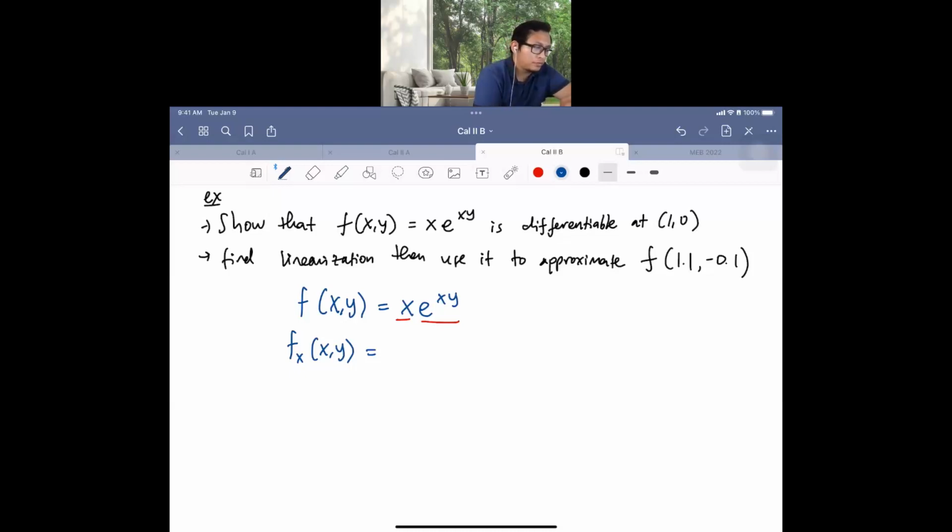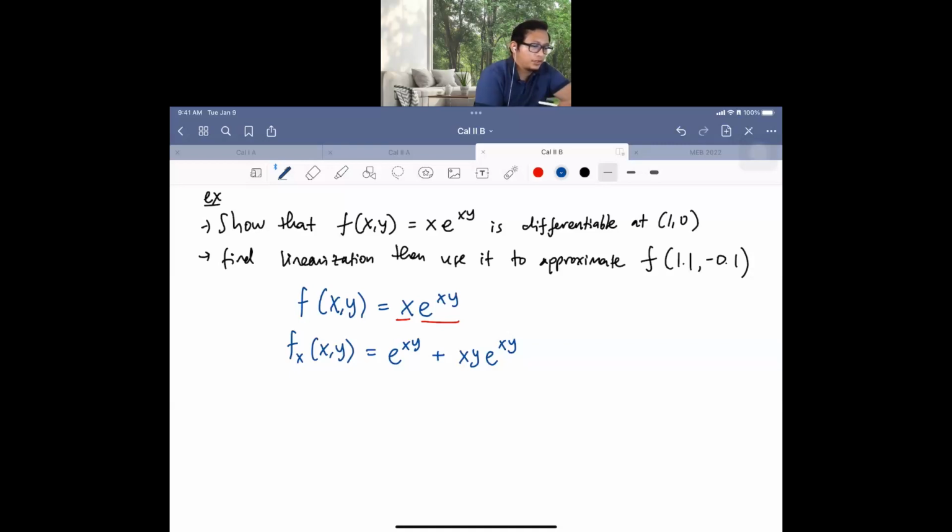So partial x will be e to the xy plus x times y times e to the xy.